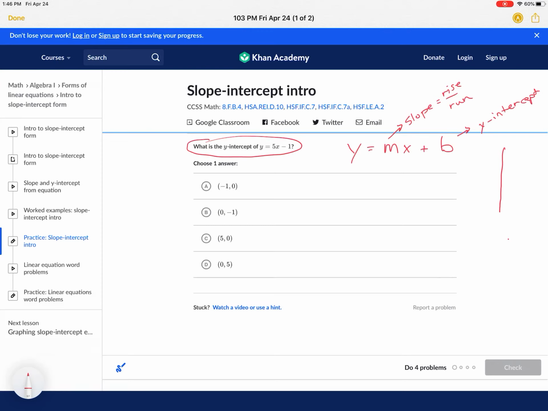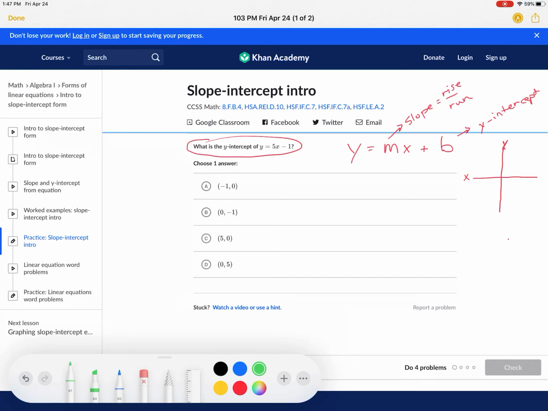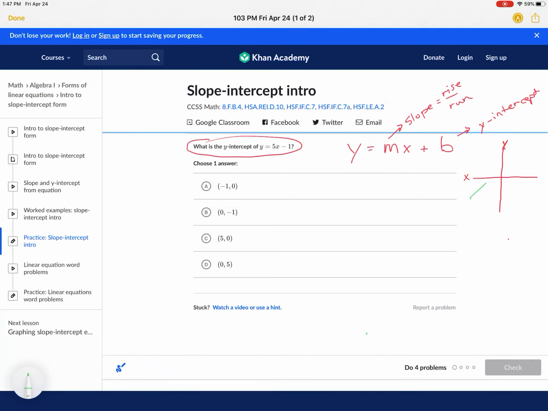If we think about a coordinate plane, we've got our x-axis and our y-axis. Let's say we've got a line that goes like this, with our arrows there. The graph crosses the y-axis at the y-intercept.